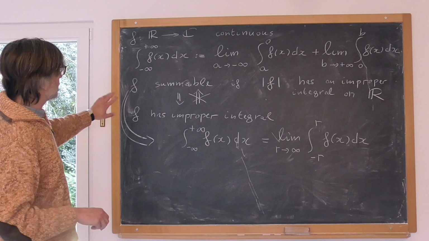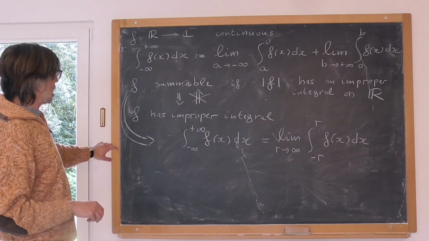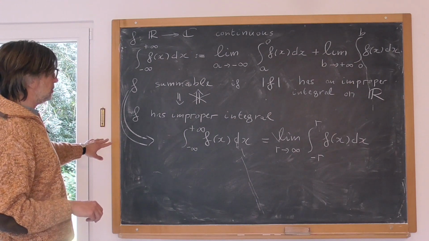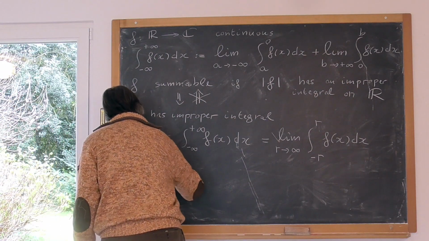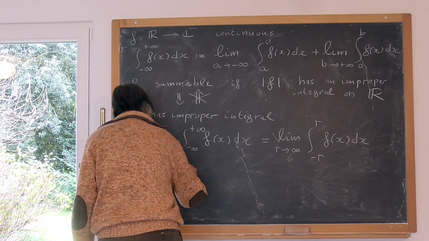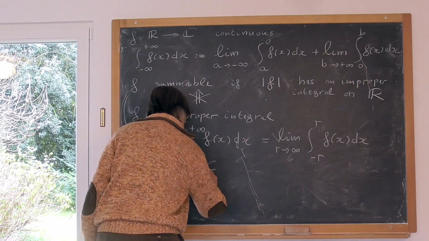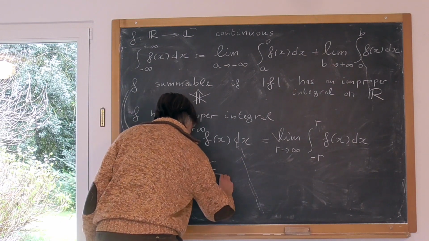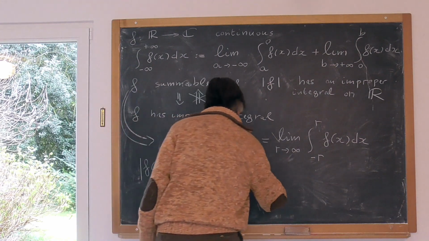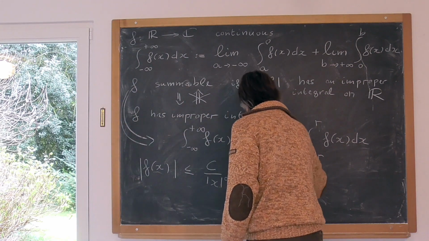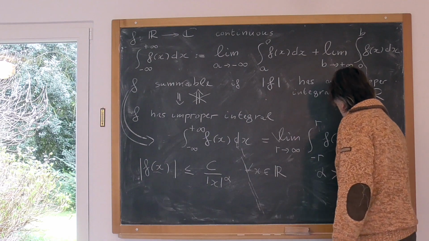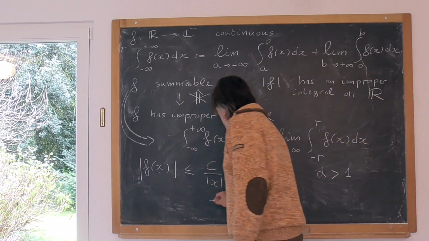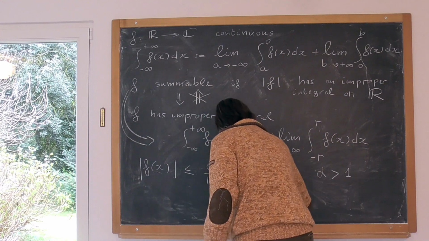Okay, last thing about these improper integrals: if f of x is bounded by something like a constant divided by absolute value of x to the power alpha, for x in R, with alpha strictly bigger than 1, then f is summable.